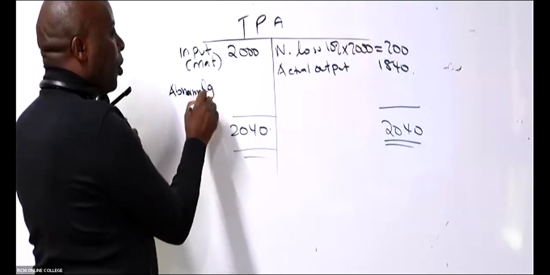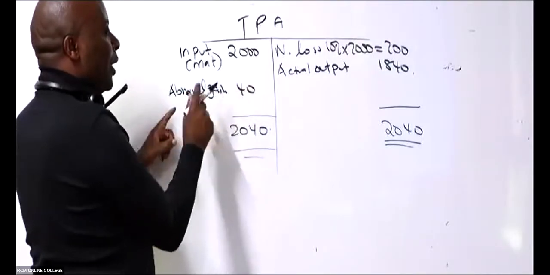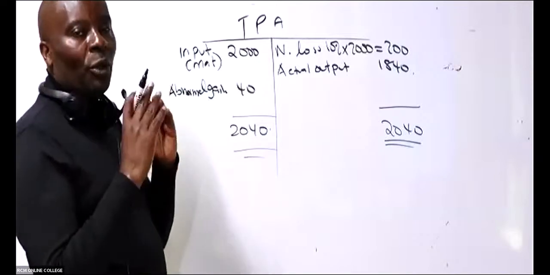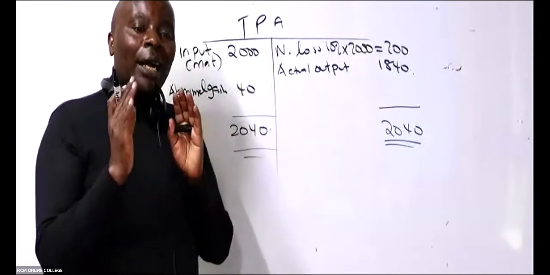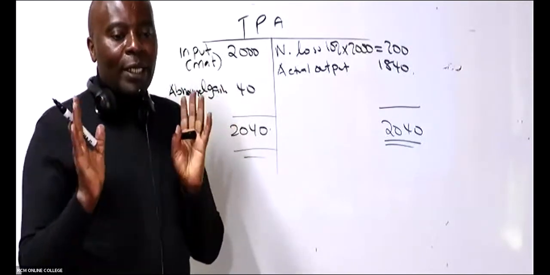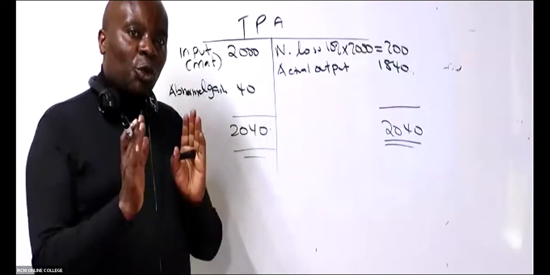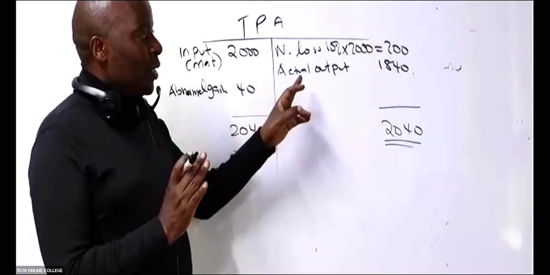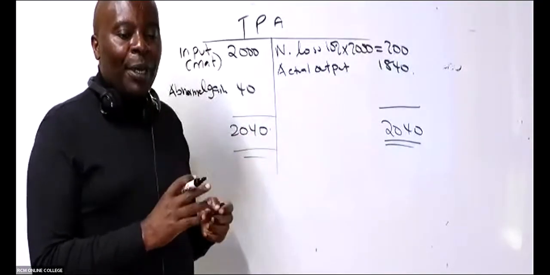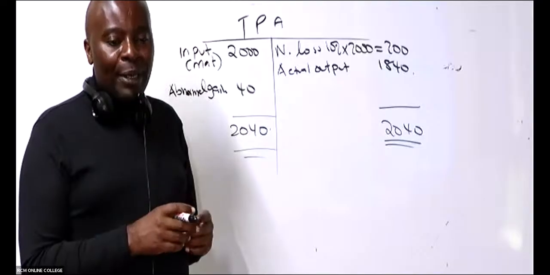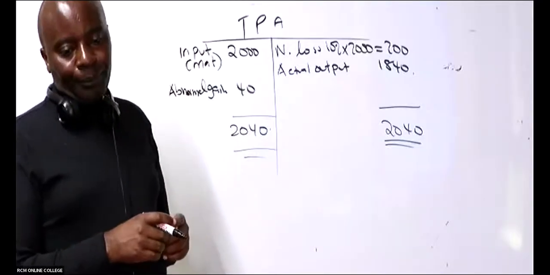That's why we are debiting this side, and then we shall be able to credit. Remember, gains are credited to the P&L. Once I get the monetary value of this, I'll be able to credit abnormal gains to the P&L. If it's here, it would have been an abnormal loss.